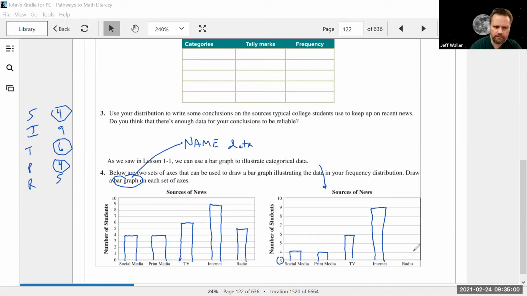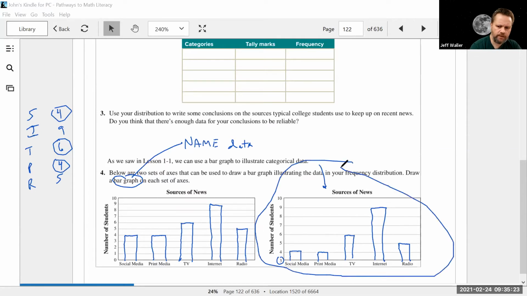And radio was 5. So which one of these graphs makes the differences look bigger? Start at 0. That makes the differences look bigger? If we start, oh, no, 3 makes the differences look bigger. Yeah, this one makes the differences look bigger, right?